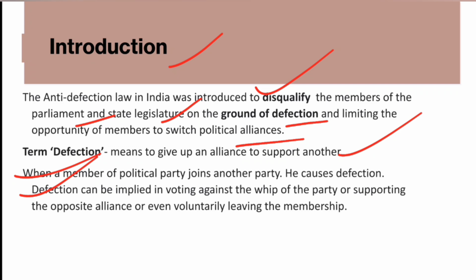In that scenario, this is also called supporting the opposition, and it's definitely defection. So that can also be a ground for defection.